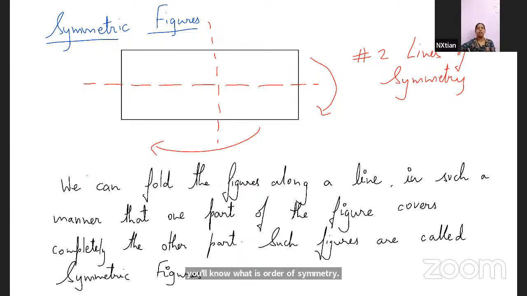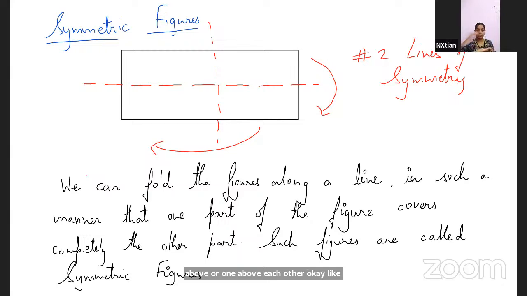Right now, I talked about checking the congruency of two figures. Previously when we were doing congruency, I told you that you can check the congruency by placing the figures one above the other.